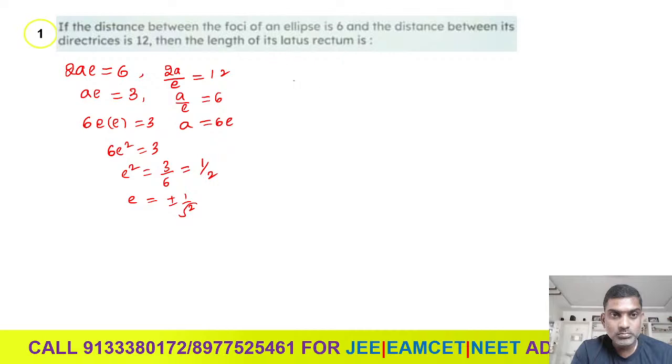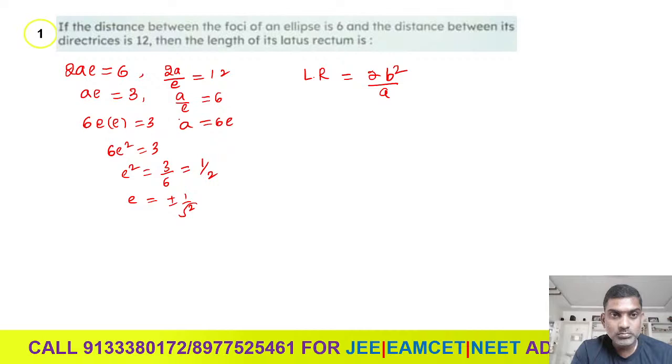Alright. Now the length of the latus rectum. The formula is 2 times B square over A. But here we got only the E value. Then let us calculate the A value.